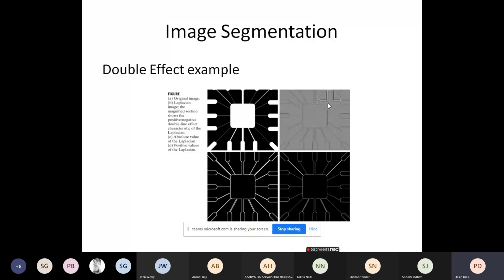Then the third one is the absolute value of the Laplacian, and lastly some positive values of the Laplacian content we are able to observe for this image. We'll discuss more on this in the next class.